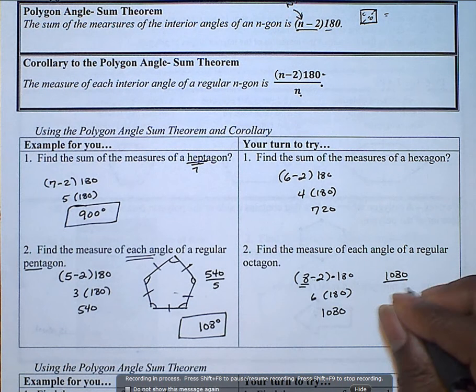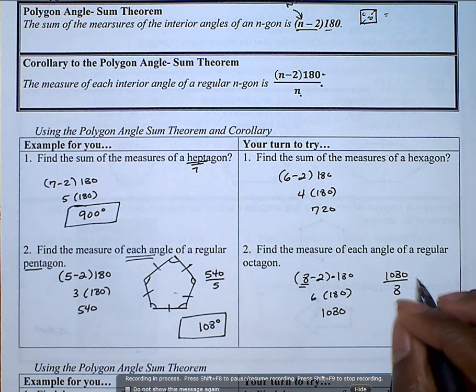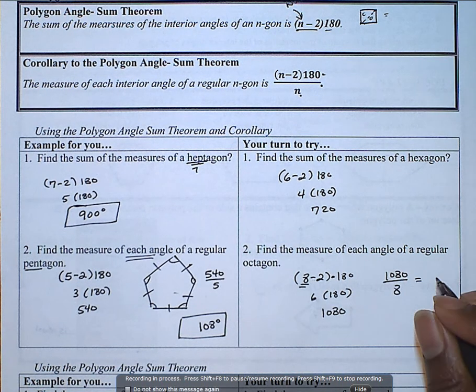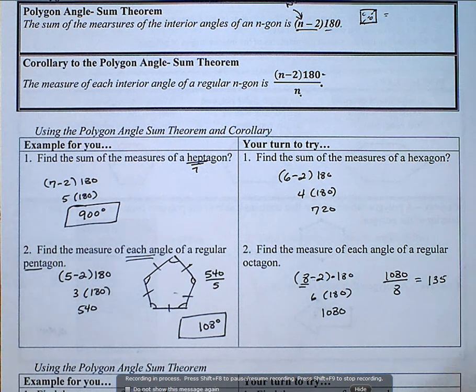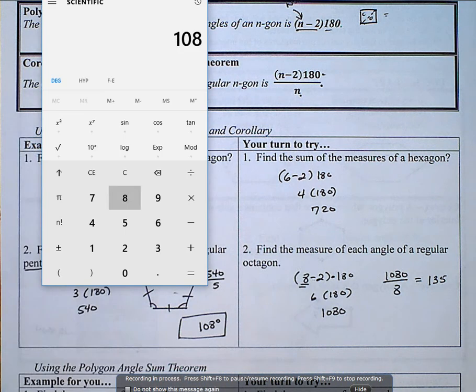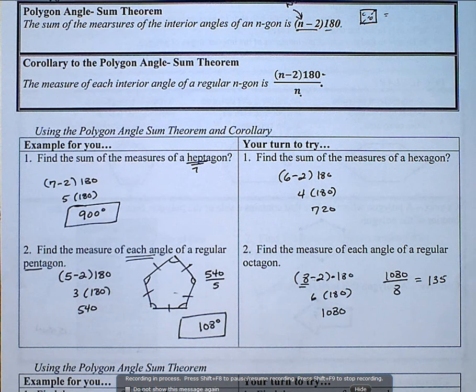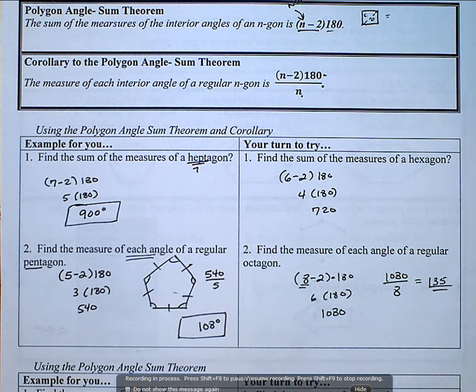And that is going to give me, see if I can do this on my own, 135. Hope so. Yep. Alright, 135. So each measure of a regular octagon should be 135 degrees. And that's our answer.